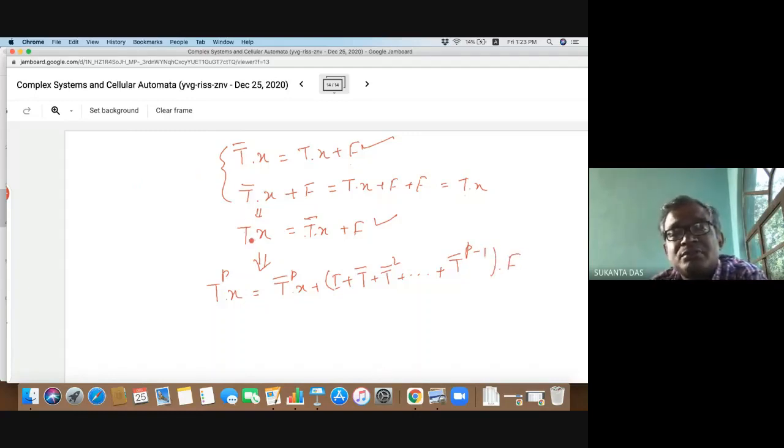So from this, we get Tx equal to T bar x plus f. So T square x will be T bar x plus I plus T bar into f. From this one, if I expand it and generalize it for P greater than or equal to 1, I can get this one.